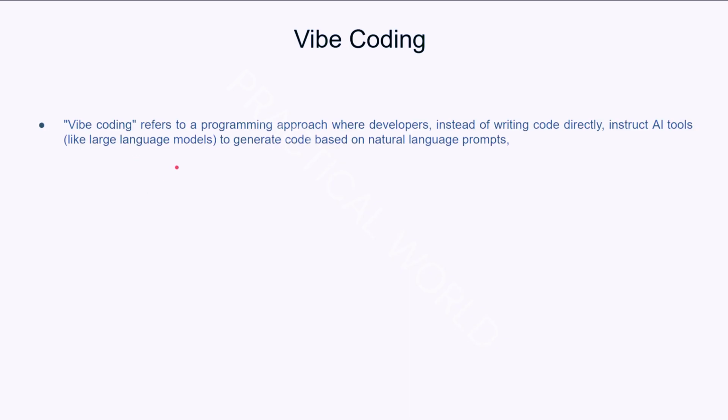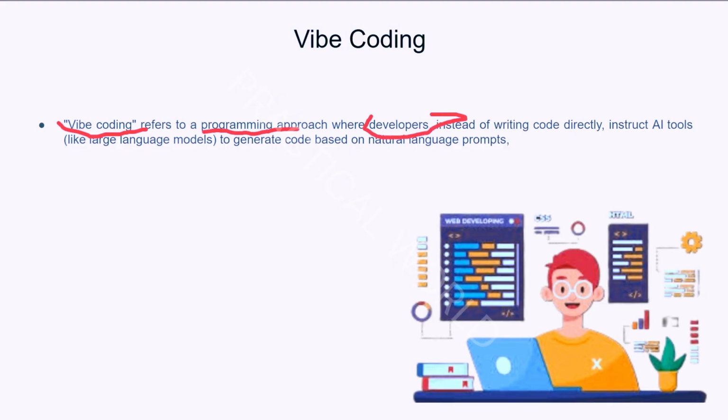Vibe coding refers to a programming approach where developers, instead of writing code directly, instruct AI tools to generate code based on natural language prompts. So vibe coding is a programming approach, and it is done by developers.